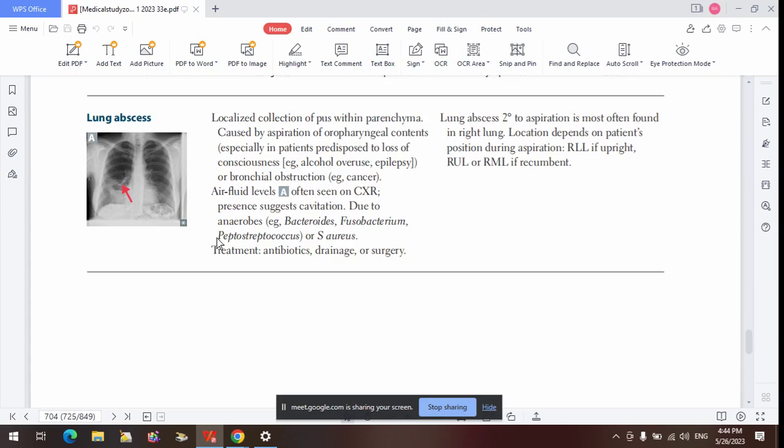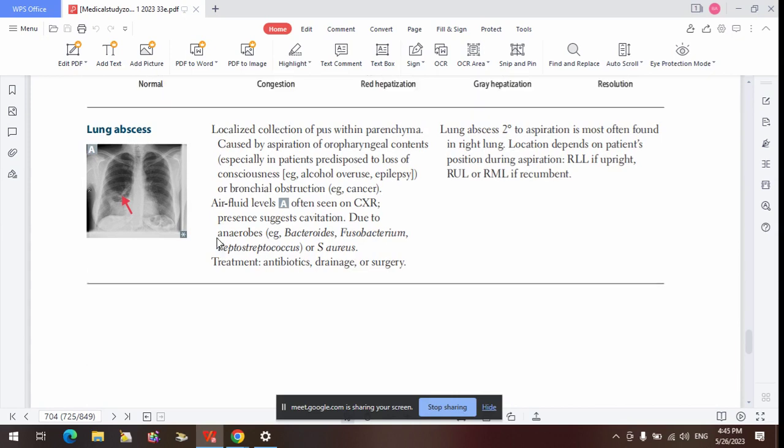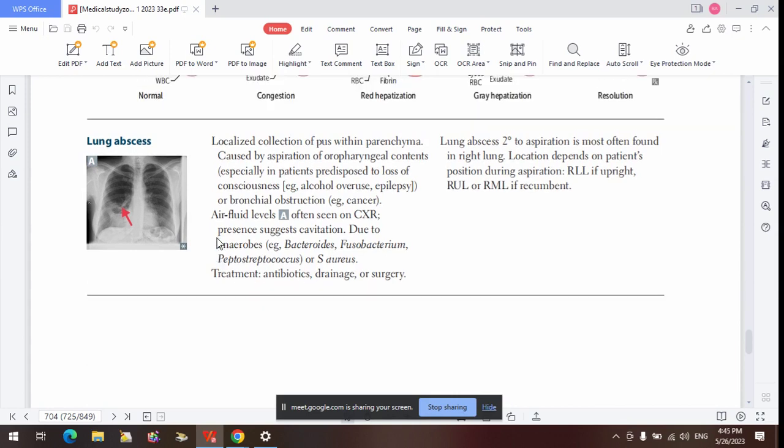Some might be so large that you might even need to go into the chest and do surgery to evacuate everything, because your abscess will not resolve until you evacuate it. You don't want it to cause entire lung damage before you go in. So you need to drain it if it's very massive and not something that can resolve with antibiotics, or you do surgery.